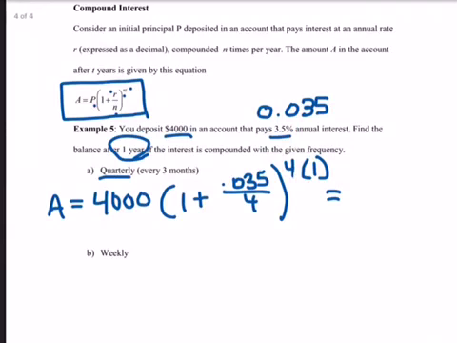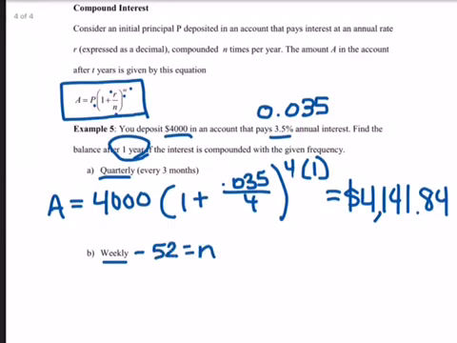So when I did that in my calculator, I got $4,141 and 84 cents. Again, we don't round up. Okay, now if I do that weekly, I need to know how many weeks are in a year. There's 52, so my n value is 52. So again, I'm going to use my equation.